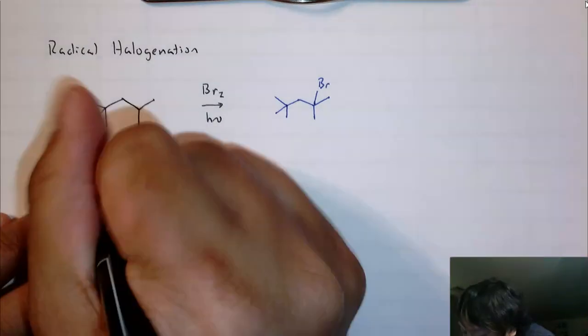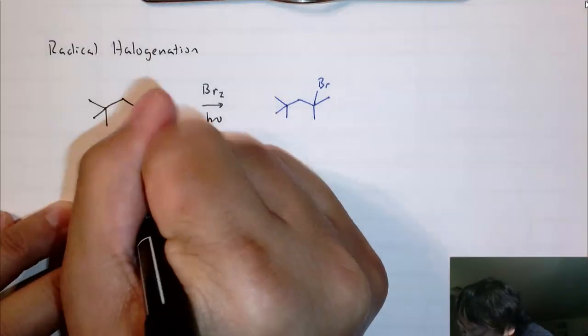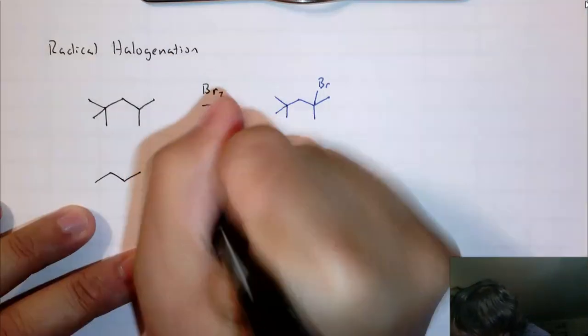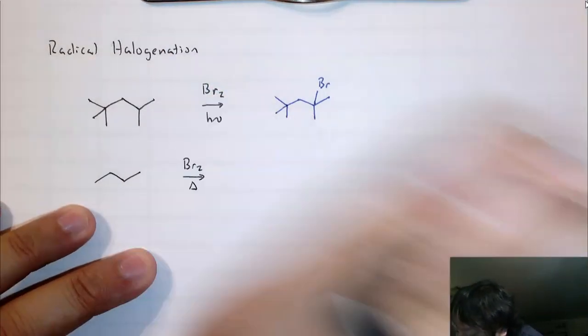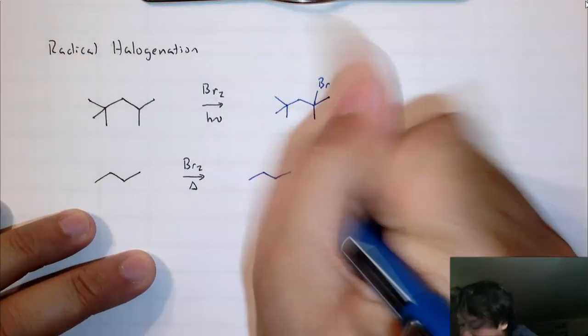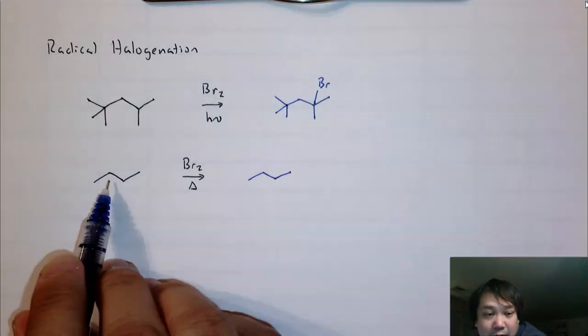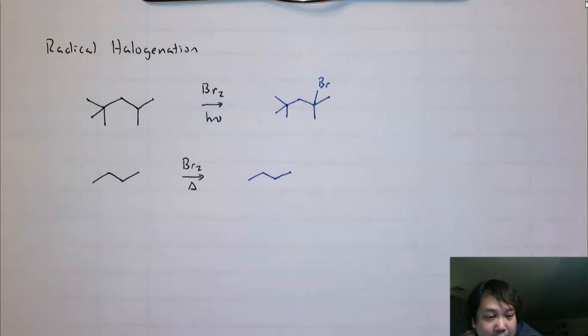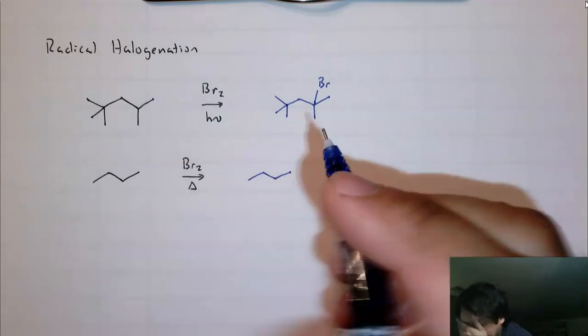This is interesting. If I show you a simpler alkane like this, and then I do my Br2, and I'll use heat this time, what I notice here is that whether I put the Br on this carbon, the second carbon, or the one next to it, I get the same products. Okay, so I'm just going to choose this one right here.